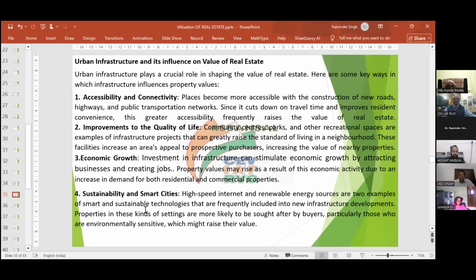There you will have high-speed internet, renewable energy sources, and other smart sustainable technologies that are frequently included in the newer infrastructure development. And they raise the standard of living and thereby increase the value of the assets.